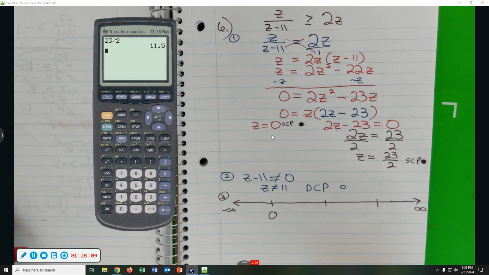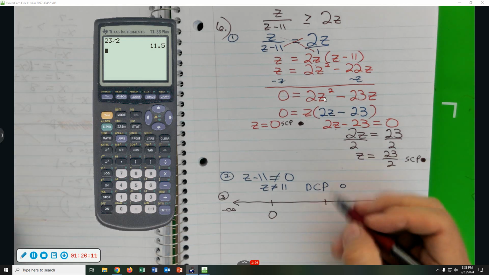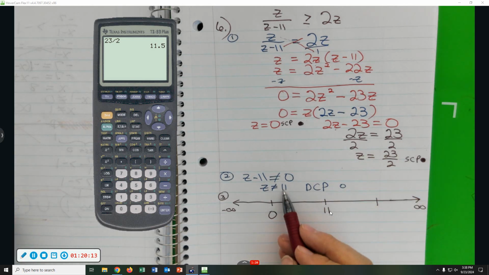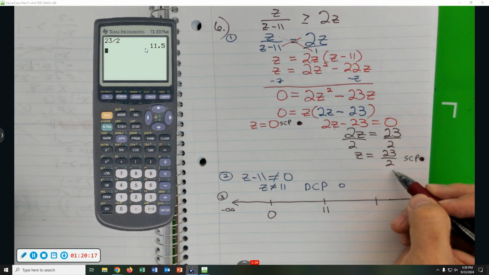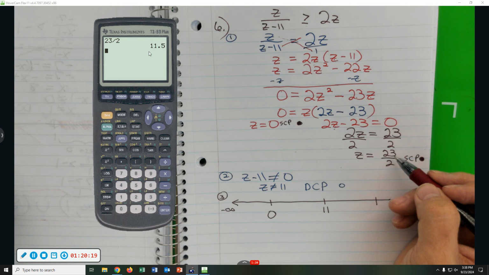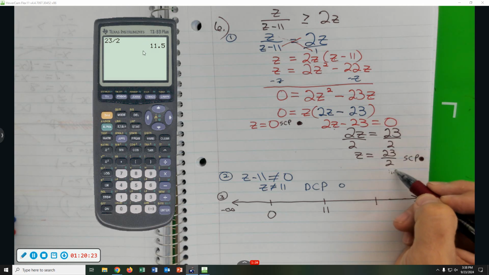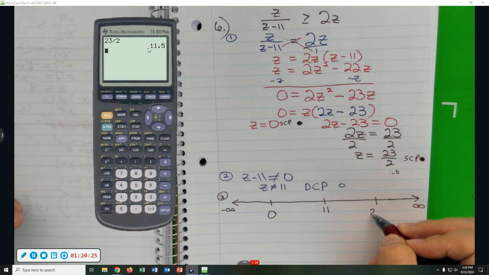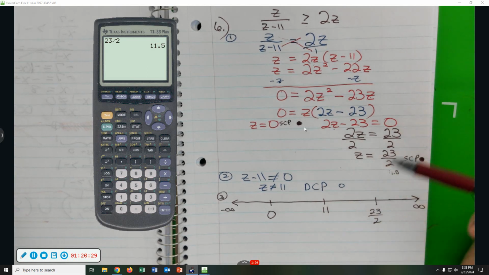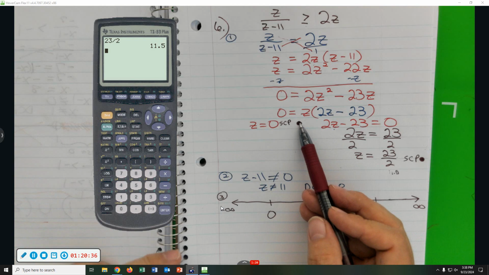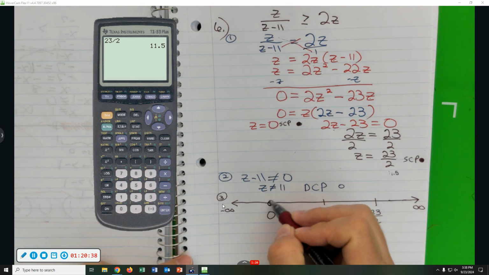Which one is smaller? 11 is 22 halves. 23 halves is the same thing as 11.5, isn't it? 22 would be 11, so that would be 11.5. I'm showing it to y'all on the calculator. So be careful. Make sure you put these numbers in numerical order. And we said 0 would be closed.